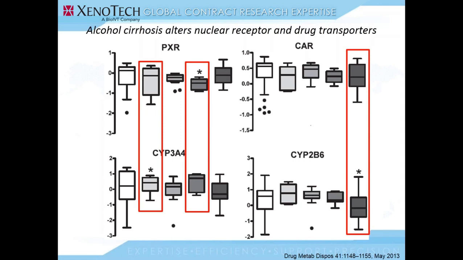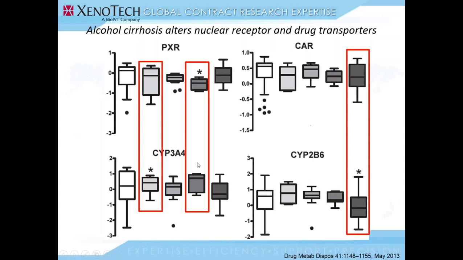Based on the data in this study, the correlation between increased level of the receptor and the target mRNA is not present. It was observed that in a diabetic cirrhosis group, the pregnane X receptor PXR mRNA was decreased, but CYP3A4 mRNA was not different than control. So this is this group.